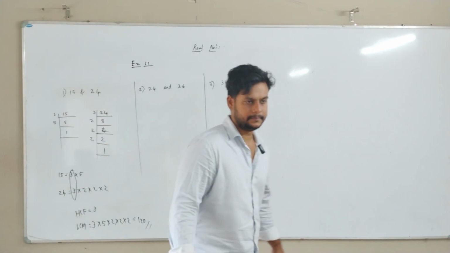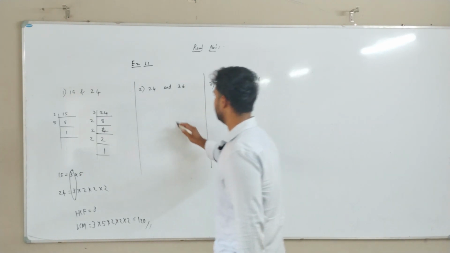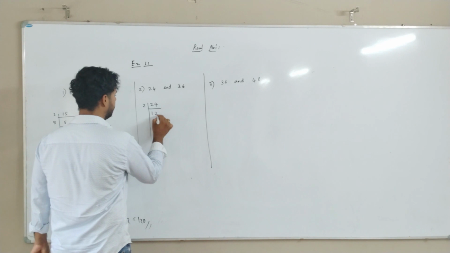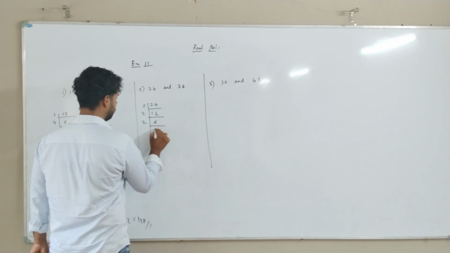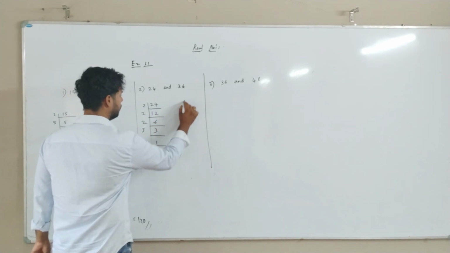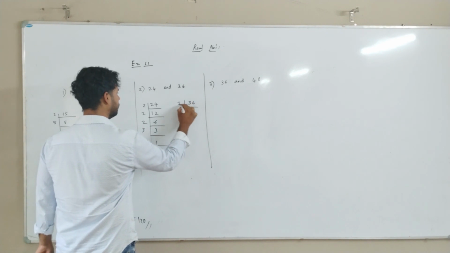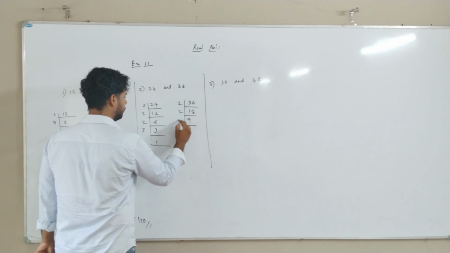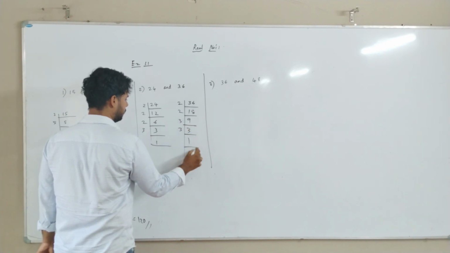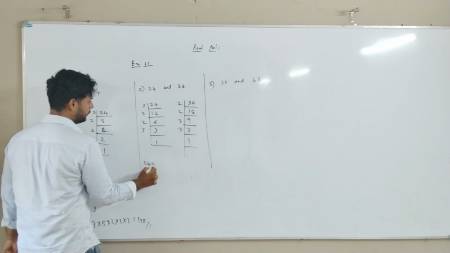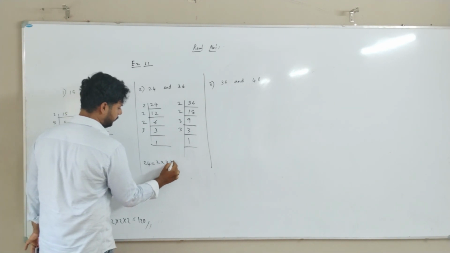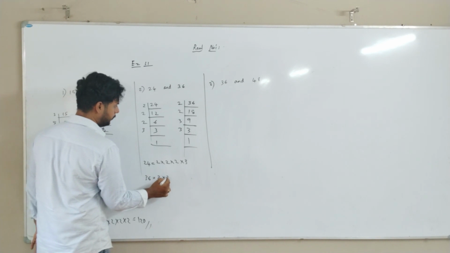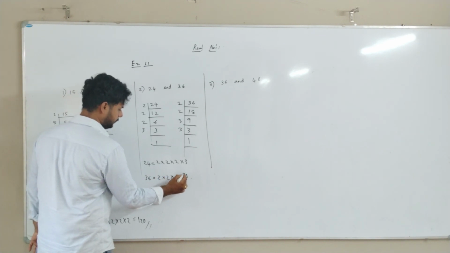Easy? Okay, next. 24 and 36. 24: 2 twelves, 2 sixes. So 24 we can write as 2 into 2 into 2 into 3, and 36 as 2 into 2 into 3 into 3.